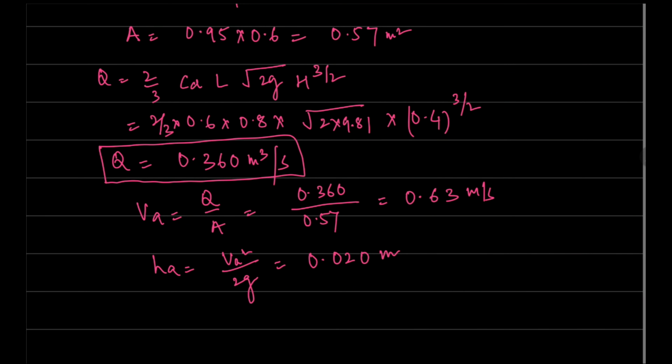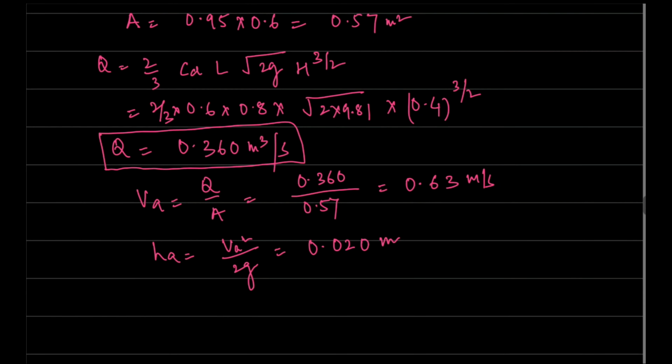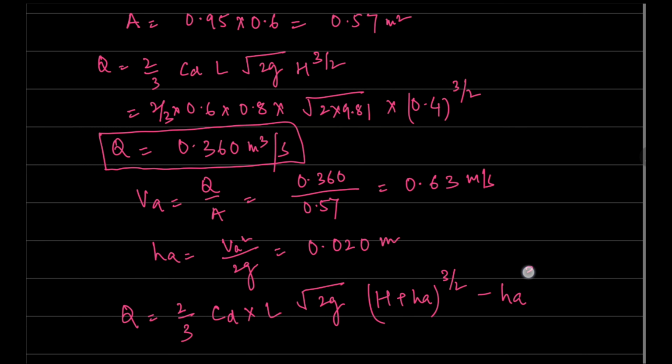So now using the discharge equation, we can write that Q is equal to, with inclusion of approach velocity, 2 by 3 multiplied by the CD multiplied by L under root 2G, in brackets, H plus HA raised to the power 3 by 2 minus HA raised to the power 3 by 2, and then bracket close.